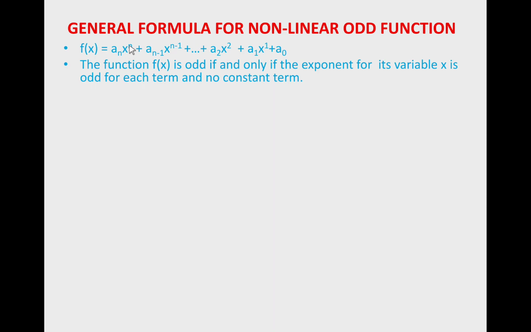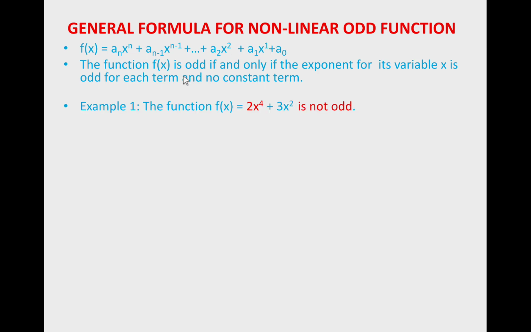So if we put this restriction, the coefficient of every x with an even exponent must be equal to 0. That means we will kill all the terms with x's having an even exponent. We will only be left with terms with x's that have odd exponents and no constant, and that's the only condition for the function to be an odd function.